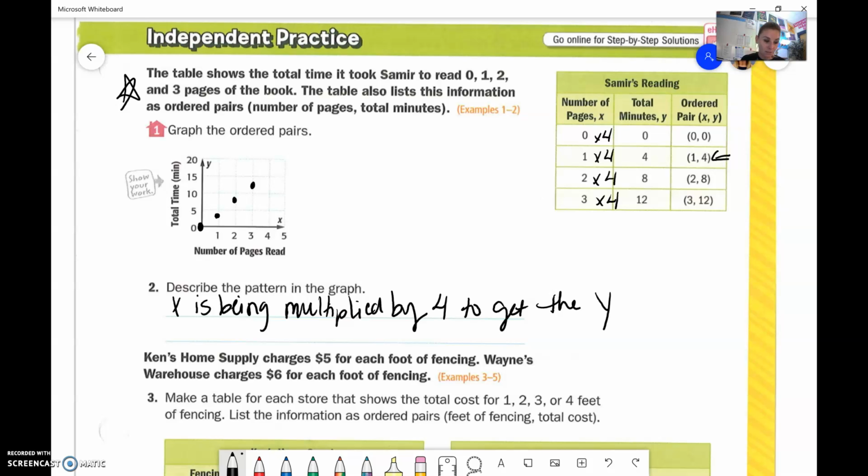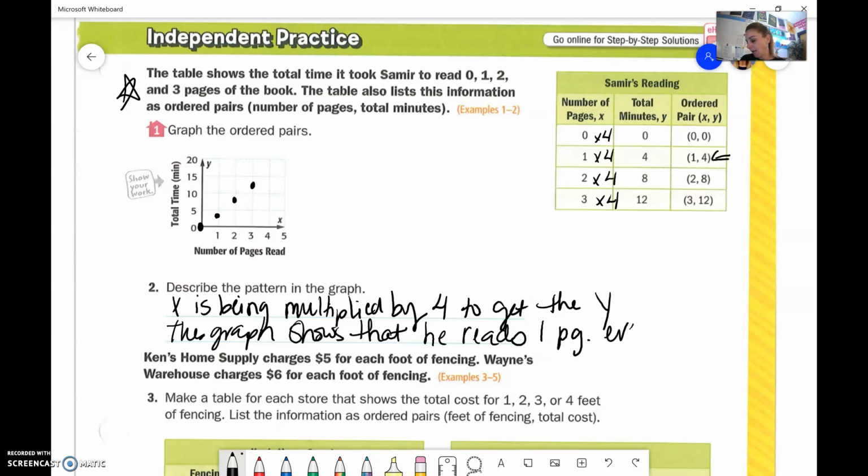We also notice that the graph shows that he reads 1 page every 4 minutes. Oops, I told you guys I have really sloppy handwriting. It's better in person, but that's okay.